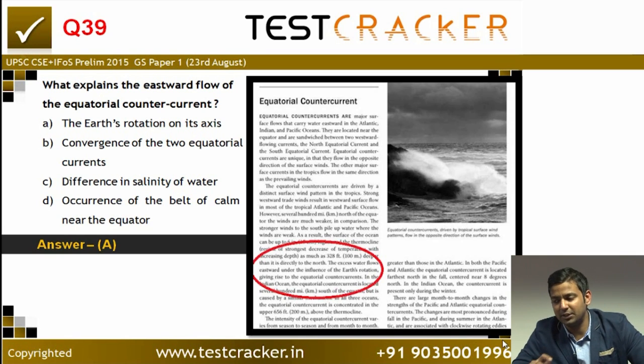There are certain other theories too. In this case, difference in salinity is also advocated by certain experts, and you may find references to this reason too. But we go by the most popular, most logical explanation, which is Earth's rotation on its axis. It is responsible for the eastward flow of the equatorial counter current.